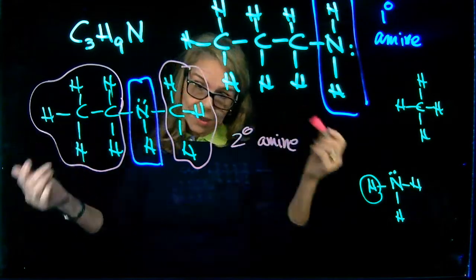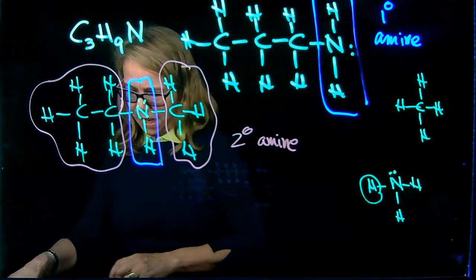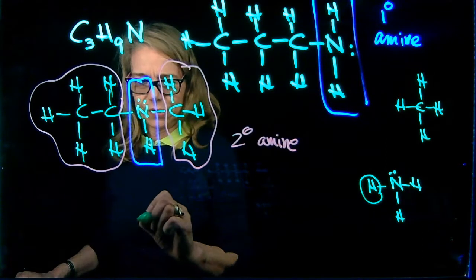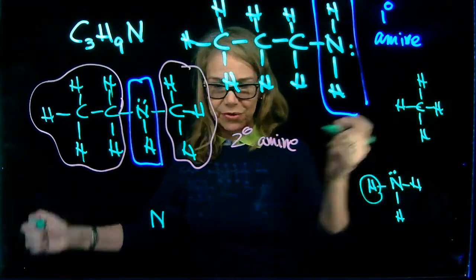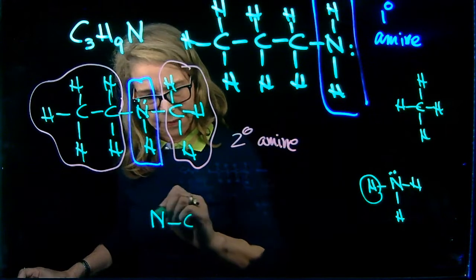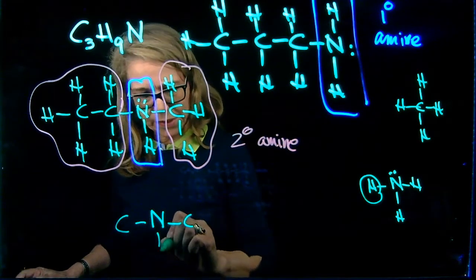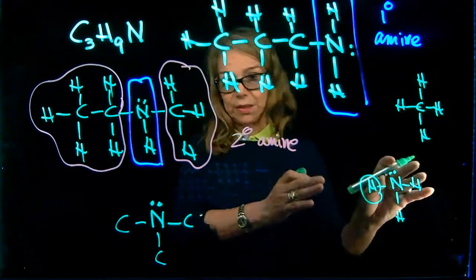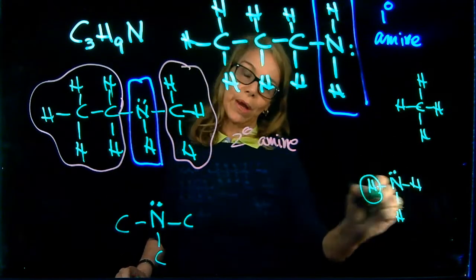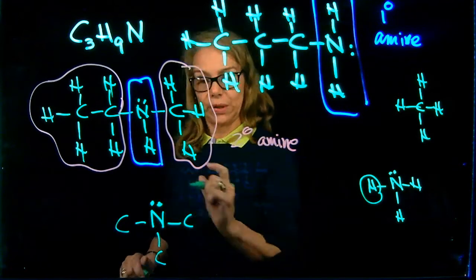Now I'm going to do another combination here. Next, let's say that I want to replace the 3 hydrogens. And I'm going to draw my carbons here. And remember, nitrogen, if it's 0 formal charge, has 3 bonds and 1 lone pair. So here it is.